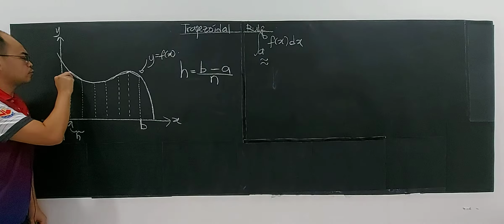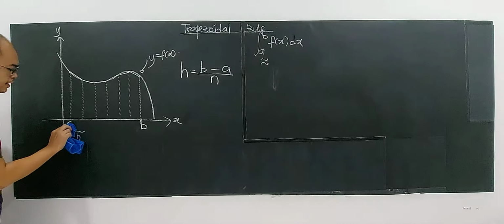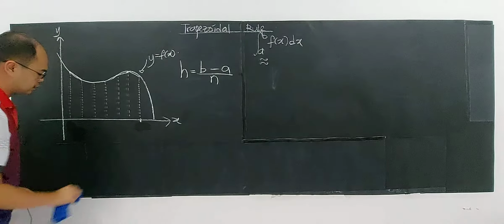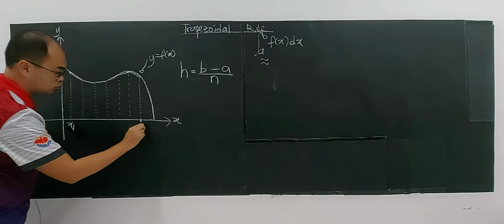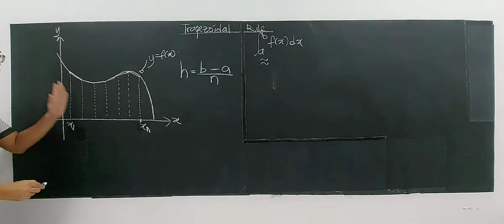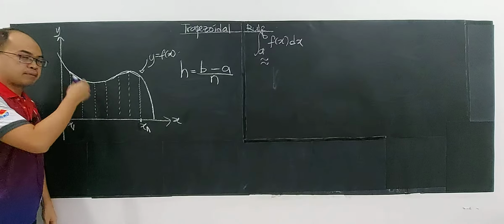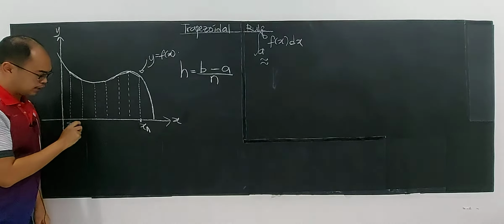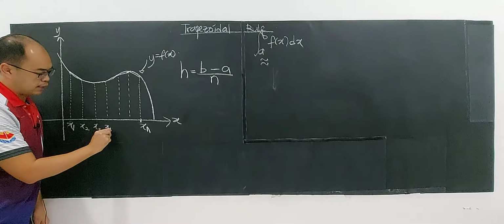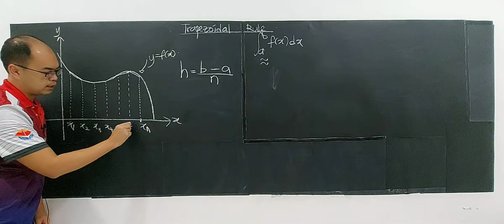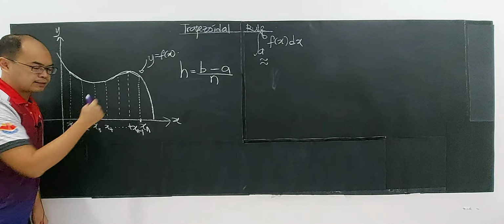Let's say I'm going to rewrite a and b as values. I write here x1, and this one to be xn, meaning there are many strips. Here I'm drawing 6 strips, but it can be many strips. So x1, and this can be x2, x3, x4, and so on, up to xn minus 1, xn.